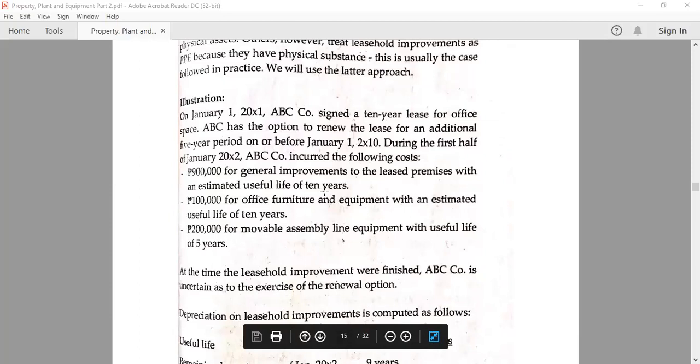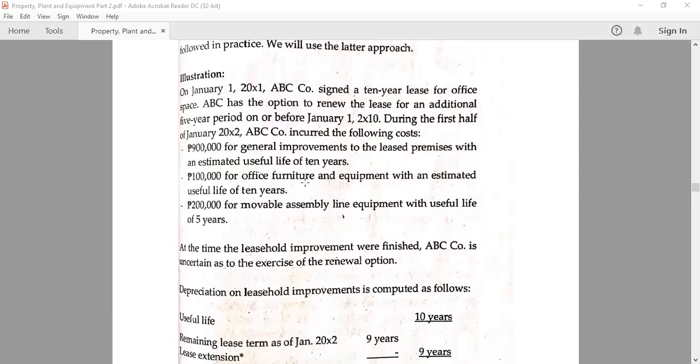Anyway, here's an example. The contract is a 10-year lease, and then there is an option to renew, in which if it is to be exercised, if it is clear that it will be exercised, then we are going to include that in the computation of the remaining lease term. And then on January 1, 20X2, or in that particular year, ABC company incurred the following costs.